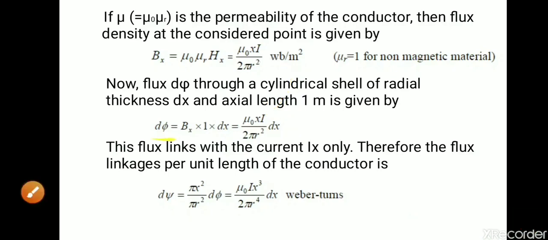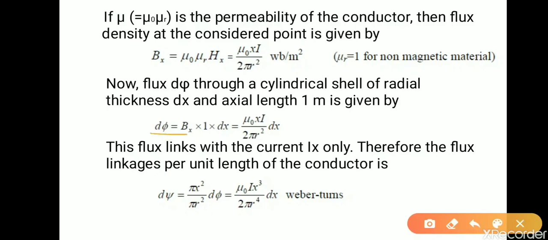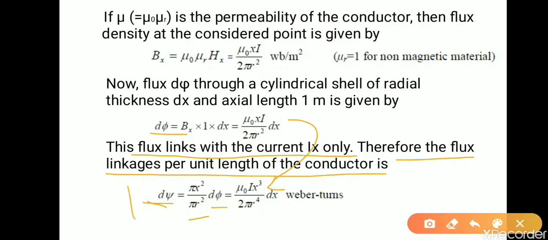Now dφ, the flux, links with the current I(x) only. Therefore, the flux linkage per unit length of the conductor is given by dψ equal to πx² by πr² into dφ. So substituting the value of dφ from the above equation, we will obtain μ0 I x³ by 2πr⁴ into dx Weber turn.